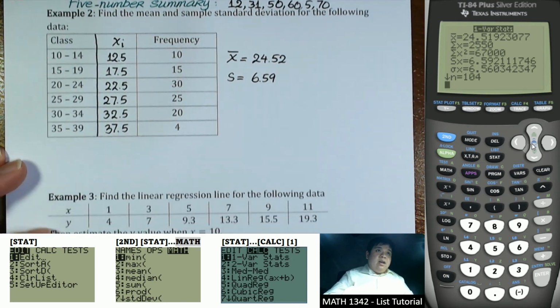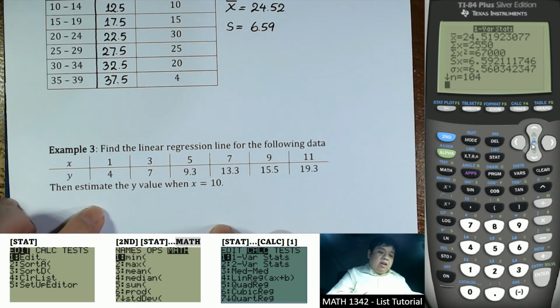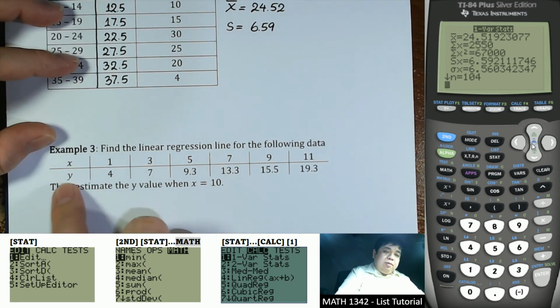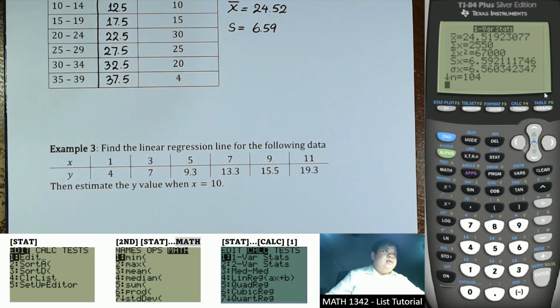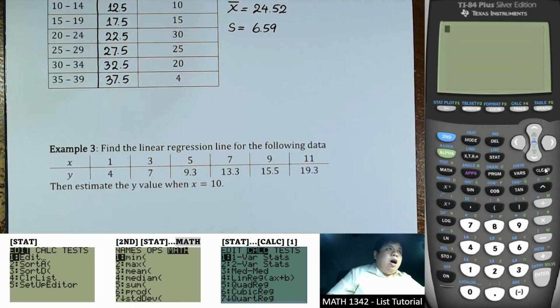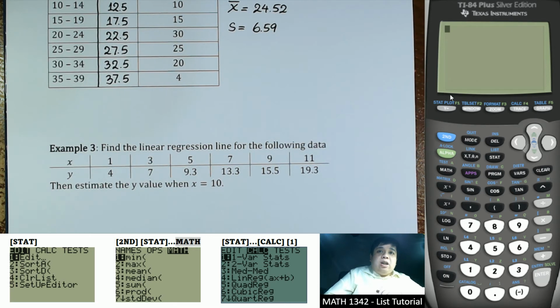Next, we have a problem where we find the linear regression line, or the best fit line, of this data. To do that, we enter the x values in L1 and the y values in L2. I'm going to use the TI-84 first.